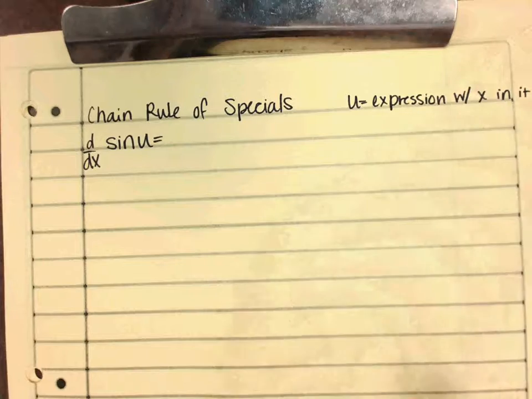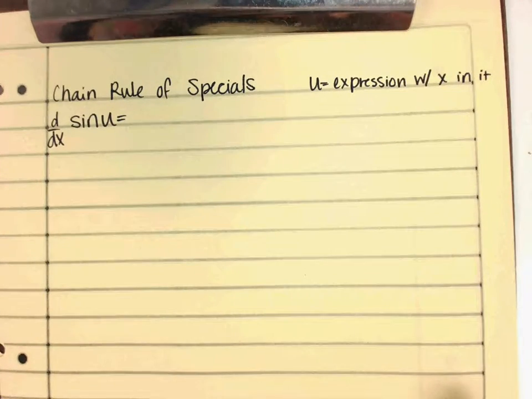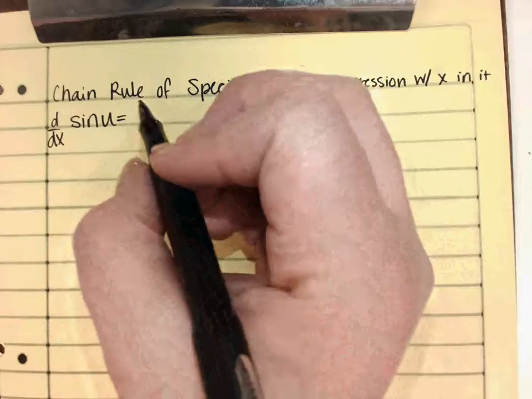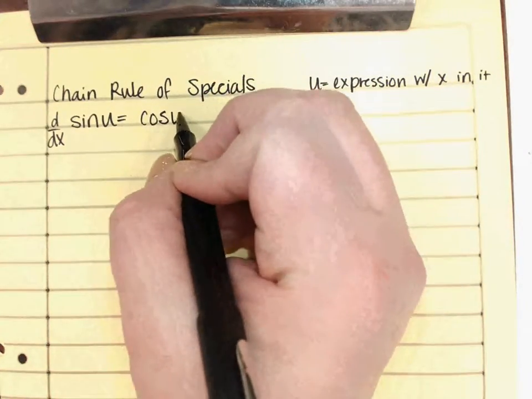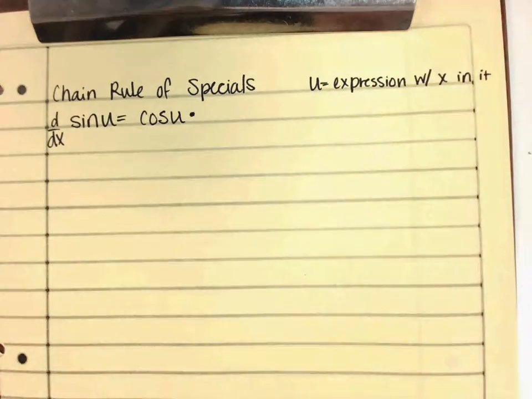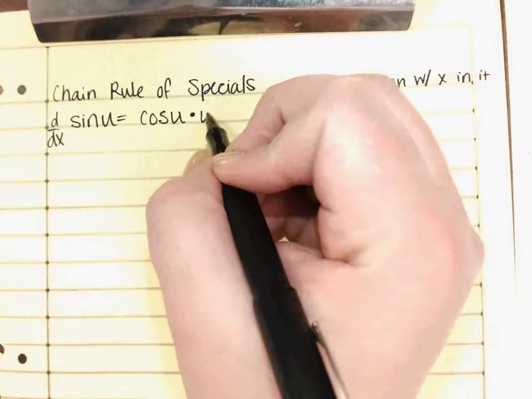So maybe it's like 2x plus 4 or 3x squared, but it's just x stuff, okay? What's the derivative of sine usually? Cosine u, and then I'm going to multiply by the derivative of u. We're going to call it u prime.